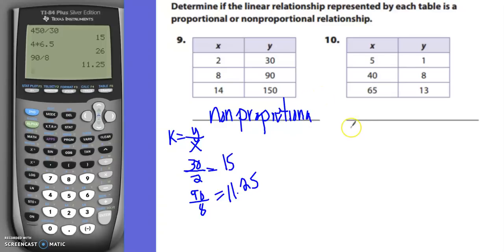Okay, if we try number 10, k is y divided by x. So we have 1/5. If we have 8/40, 8/40 simplifies to, why did I write 1/8? That's 1/5.